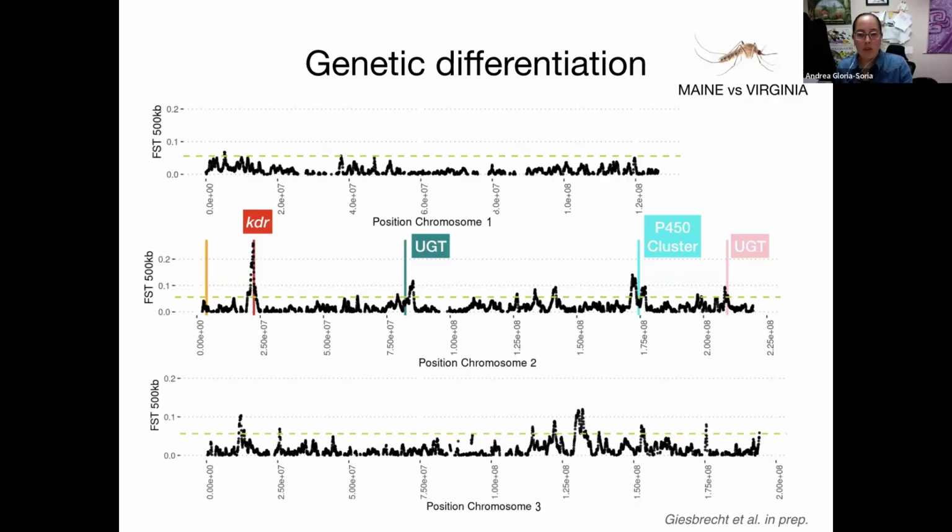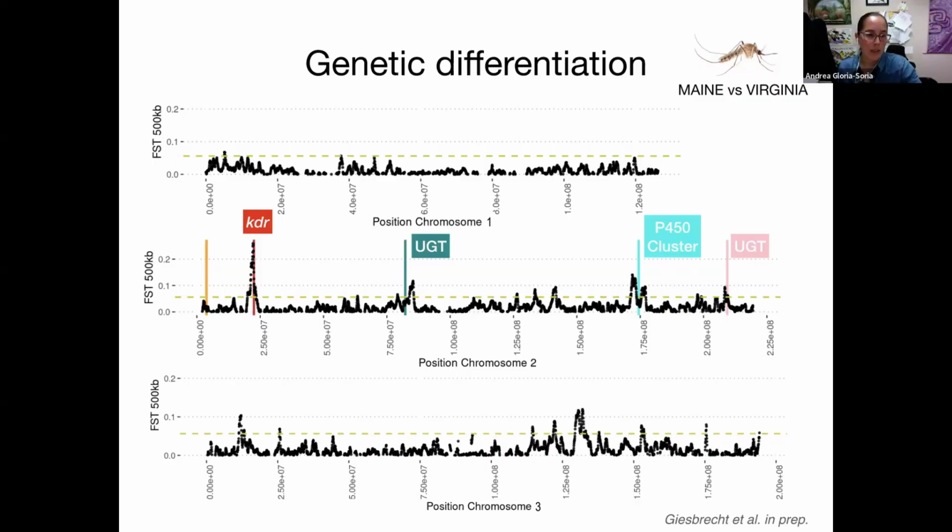We're still exploring those from chromosome 3, but I want to highlight the chromosome 2 peaks of differentiation, because it turns out that at least 4 of the main peaks that appear here, highlighted in different colors, correspond very well with genes that are involved in insecticide resistance, more specifically pyrethroid resistance.